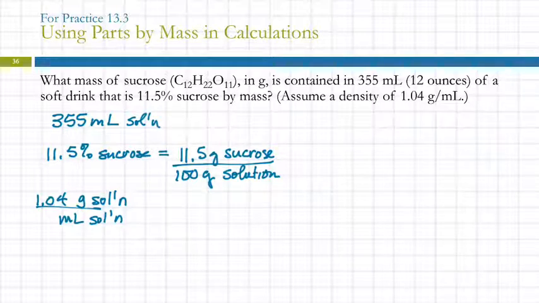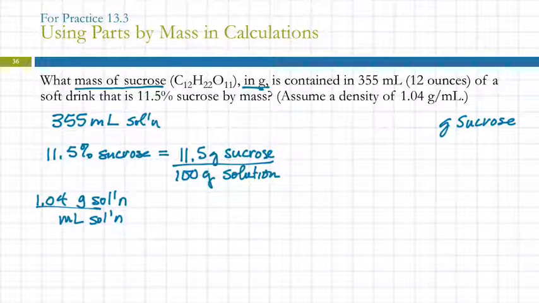Okay, so we took those numbers and we labeled things, and we're trying to find the mass of sucrose in grams. So let's think dimensional analysis. I'm trying to get grams of sucrose. And I have these three different things, and sometimes it's hard to know what should I start with. Should I start with the percent by mass?